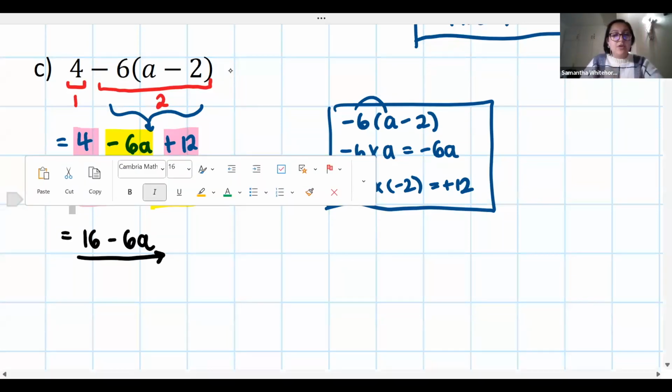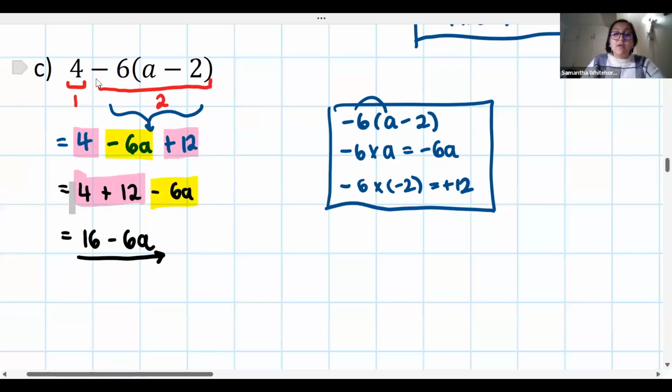Okay, I think I get what you mean. So if this exact thing, 4 minus 6 times a minus 2 and then equal something was in an equation, you would still have to do it like this. So we'd still have to just distribute the -6 before we can start solving. But if it's just numbers, so if it was 4 minus 6 equals -2, then yeah, you can just do the subtraction.